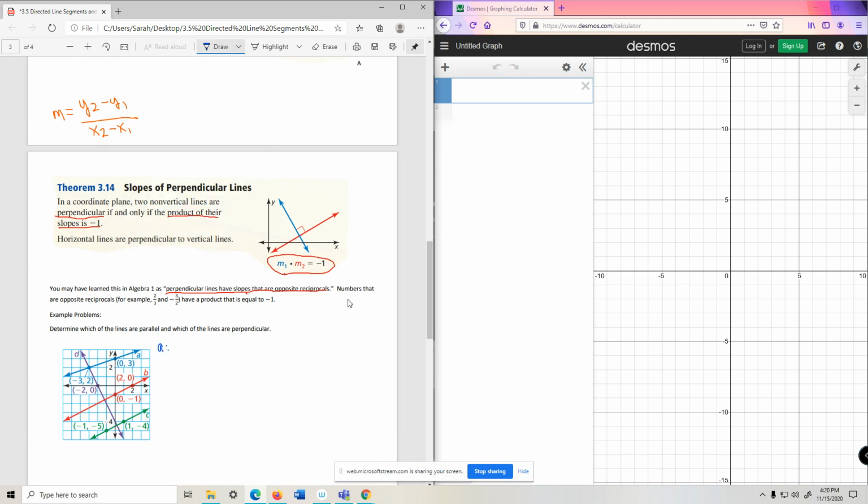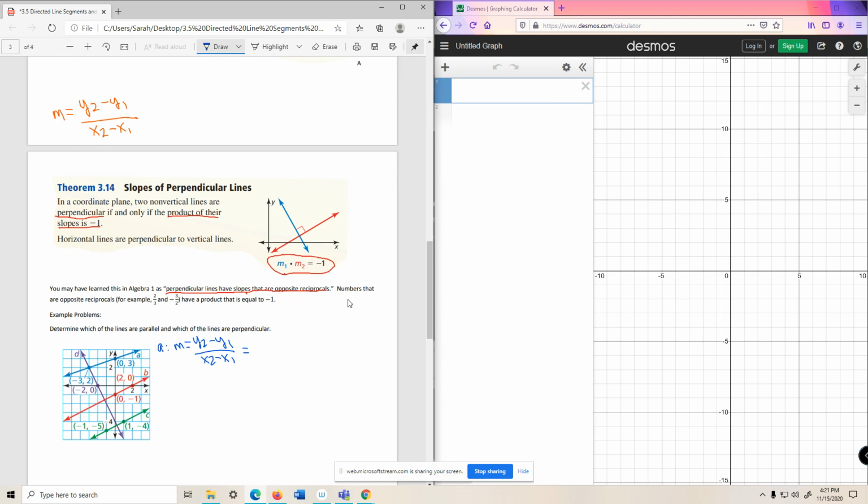So let's start with line A. The slope of line A is y2 minus y1 over x2 minus x1. I'm going to use the first point I see here as x1 and y1, and then this one will be x2 and y2. Doesn't matter as long as you're consistent.